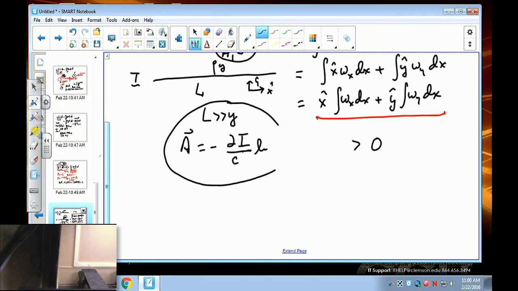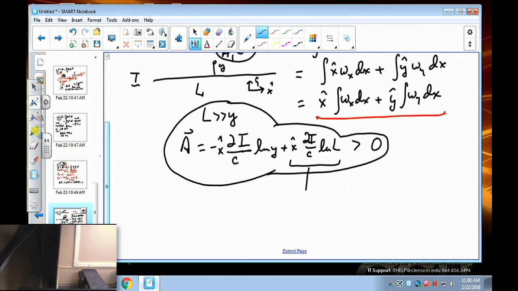This is log y in the x hat direction. There's another term that's added to this, which goes like log L, and L is much greater than y. So it looks like at first you've got this negative sign there, it's going in the wrong direction, but there's this very big constant that makes it positive. And you'll find that constant term when you do the integral.